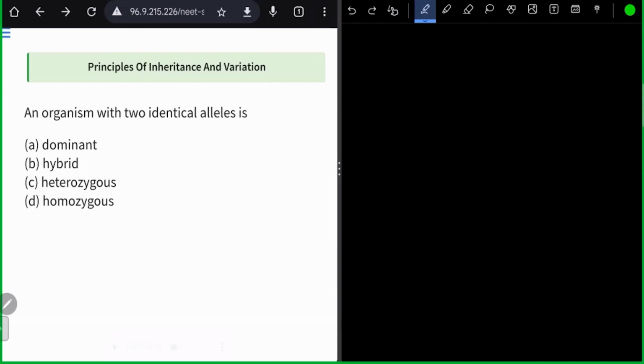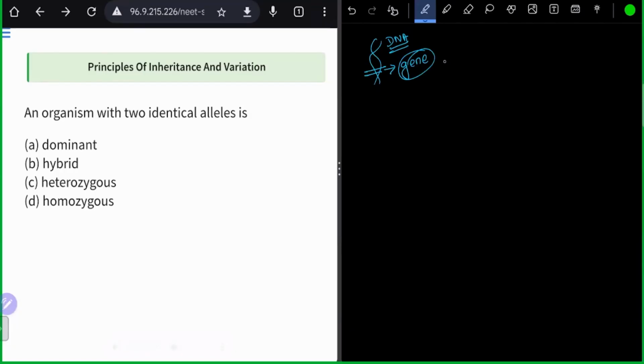First of all, we need to understand what is an allele. This is DNA, and we all know that a segment of DNA is known as a gene. So what is an allele? An allele is a specific version of a gene.